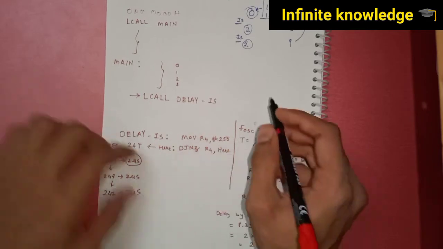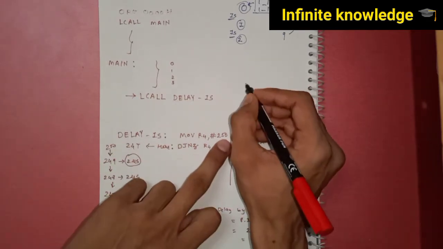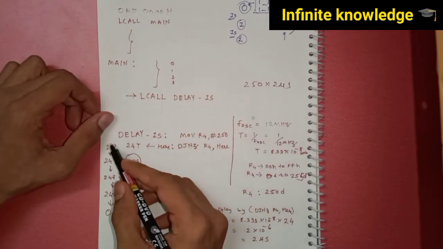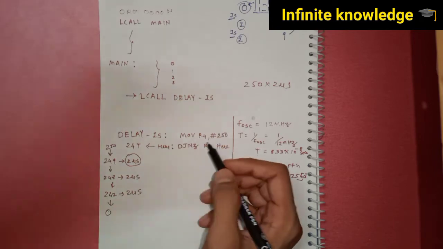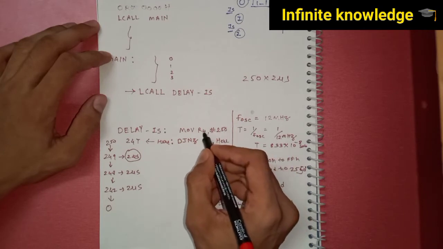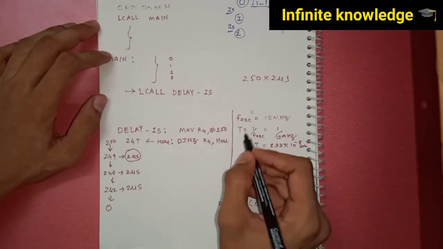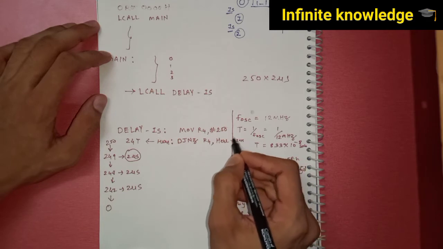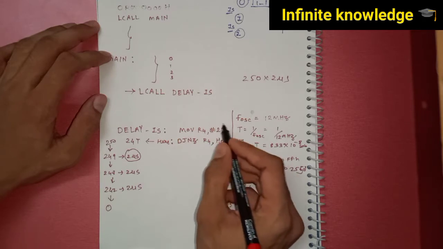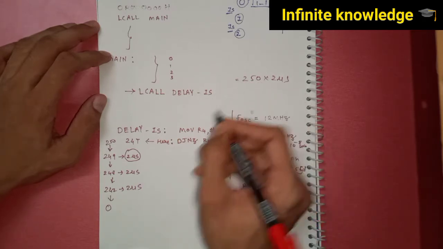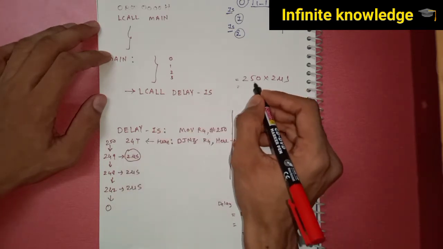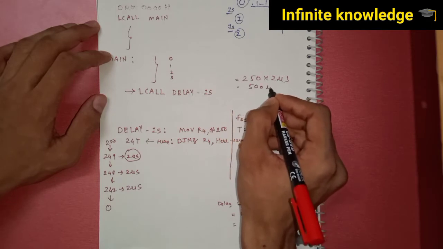I will get 250 into 2 microsecond, because 250 is added in R4, and this instruction gives 2 microsecond delay for one execution, and it will execute 250 times. So the total delay by these 2 instructions is 250 into 2, which is nearly 500 microsecond.